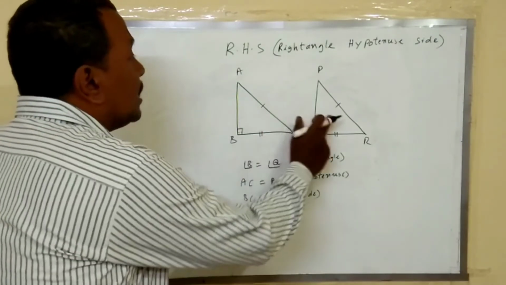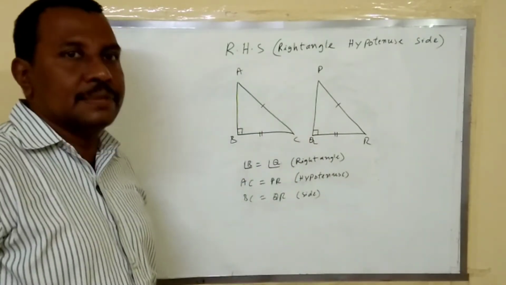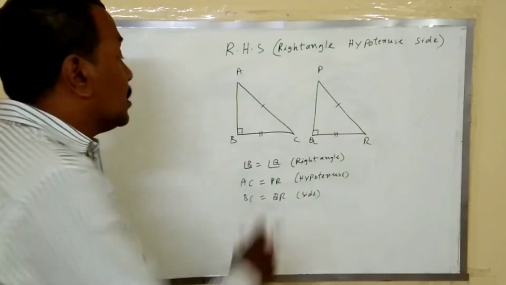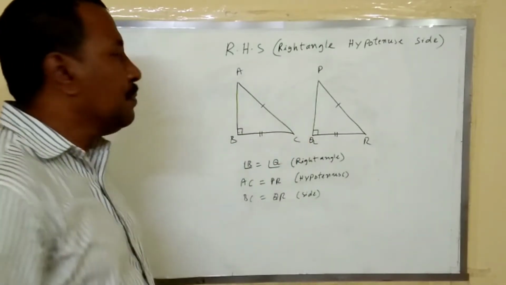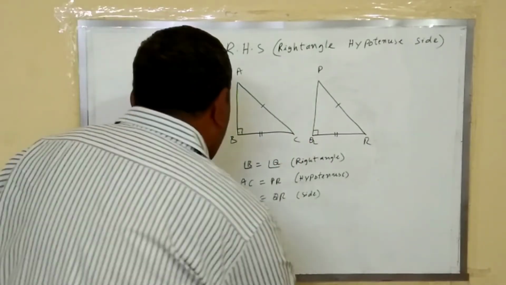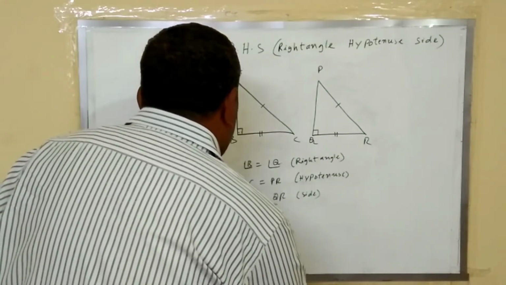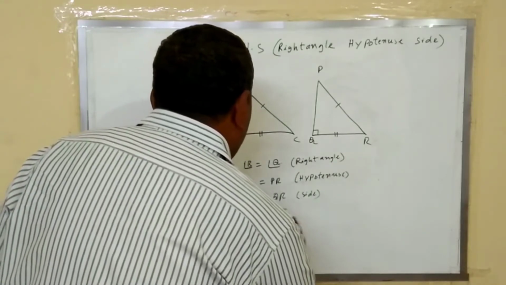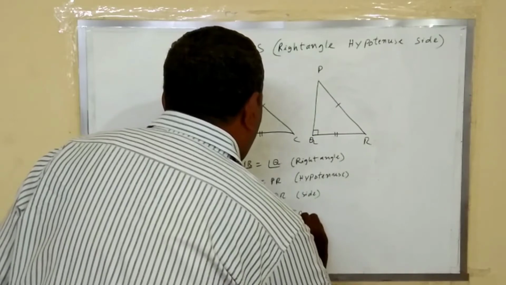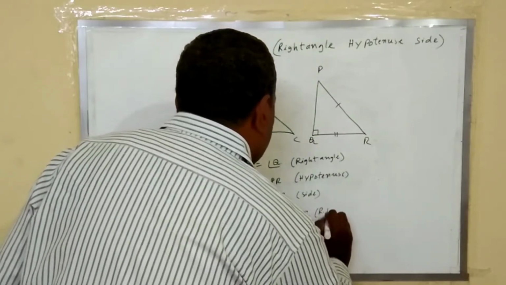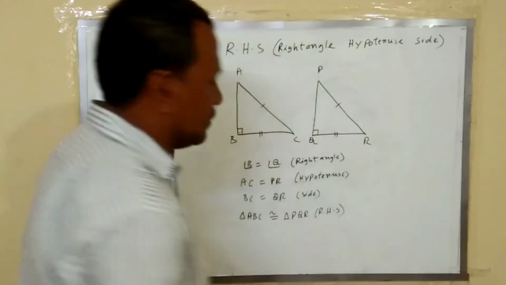Then you can say that these two triangles are congruent. So right triangle ABC is congruent to right triangle PQR by RHS congruency.